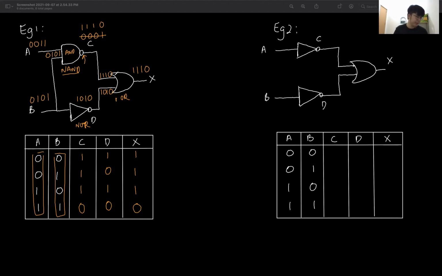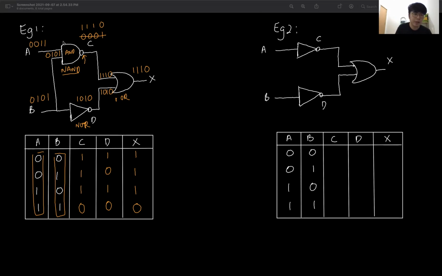Now how about the Boolean expression? If I want to write the Boolean expression, what is it going to be? Because here I have 3 logic gates combined together. For the Boolean expression, first, I write down a few expressions. Let's write the one at C first.